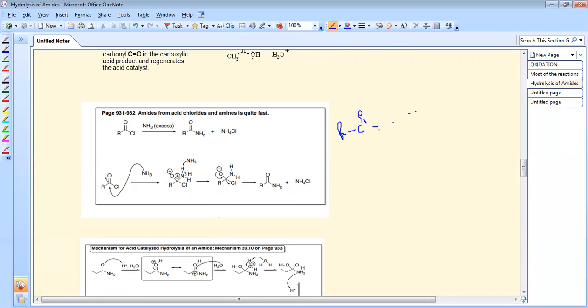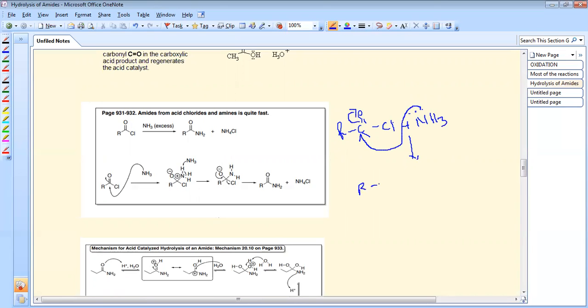In the first step, what happens? Cl plus NH3. On nitrogen, we have one lone pair of electrons. This lone pair attacks the electrophilic center, which facilitates the shifting of the pi bond onto oxygen.